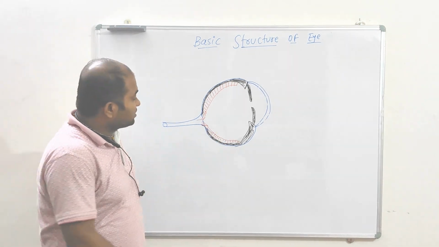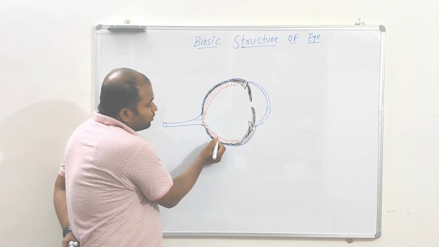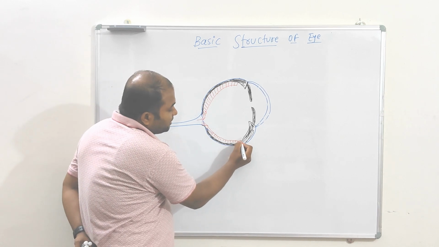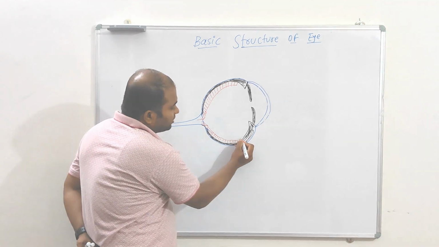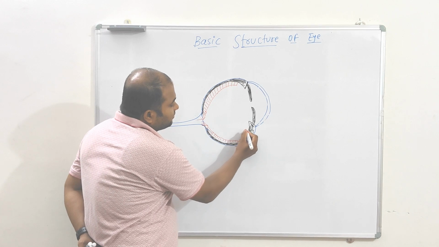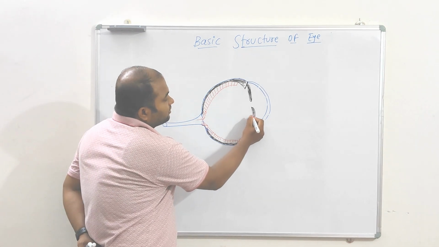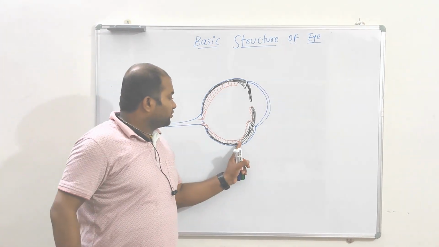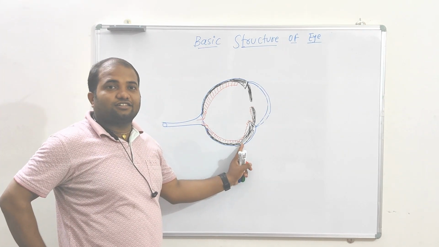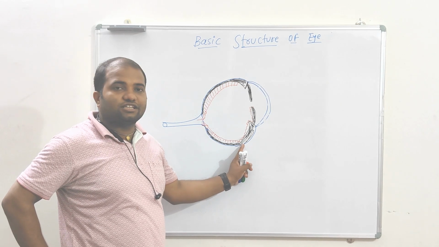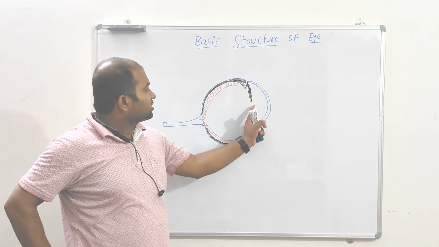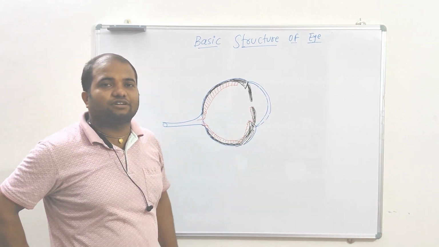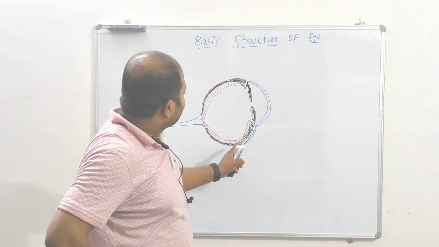I am dividing it because the rods and cones end at a point, but the epithelial layer of the retina continues further up to the pupillary margin, right? The part where the image is formed and seen is called the visual part of the retina, and the part not responsible for the formation of the image is called the non-visual part.